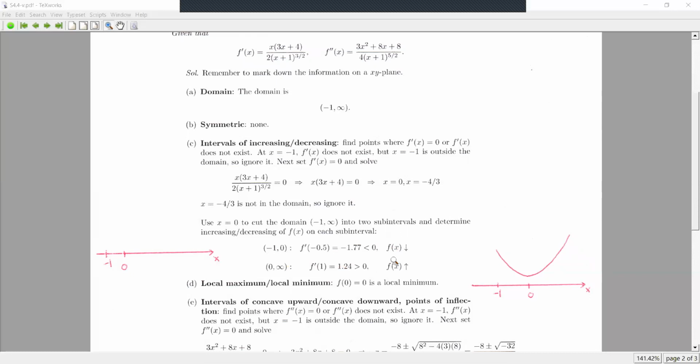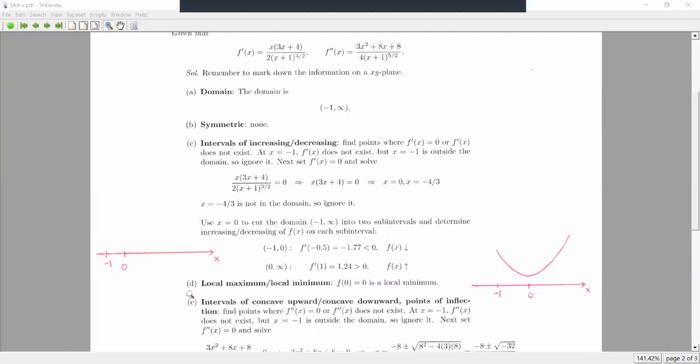The graph is decreasing. On this interval, I arbitrarily pick a point, say, pick 1. Plug in 1 for x here. Then I get this number, positive. On this interval, the derivative is positive. Therefore, the graph of f is increasing. This is step 3.